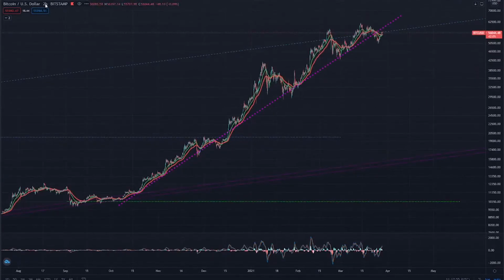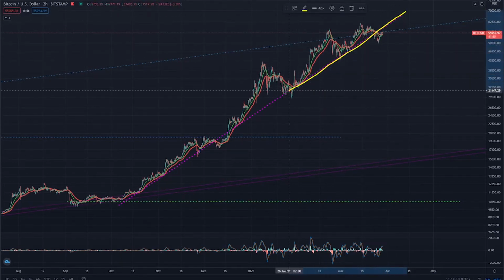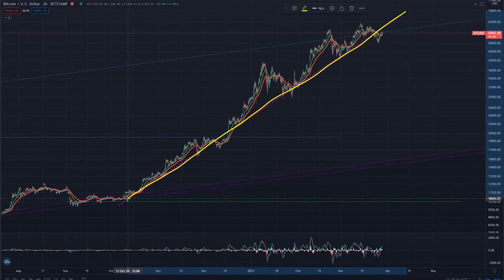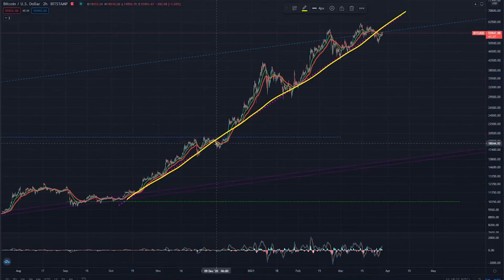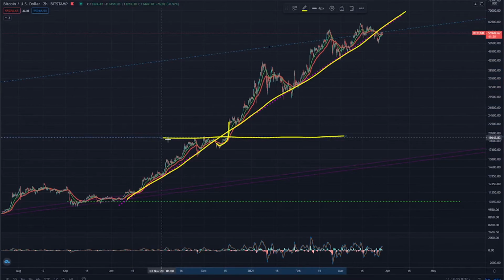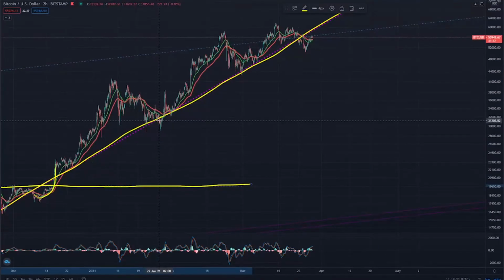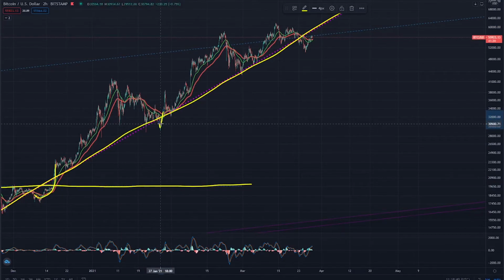If we now switch to the 2-hour candles, we can see the movements a little bit better, and also this support I found here, which goes all the way back to October 2020, which we can consider the start of this huge rally. So far there have been just a few breaks of this support, around the all-time highs from 2017, which was kind of expected, and also short spikes here in January when there was quite a big weakness in Bitcoin.